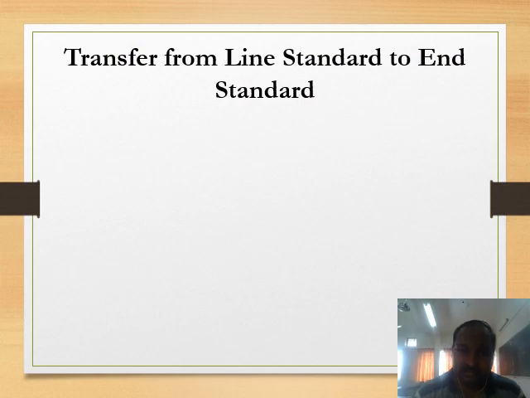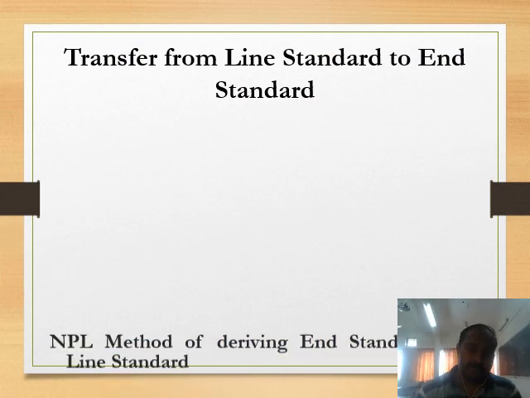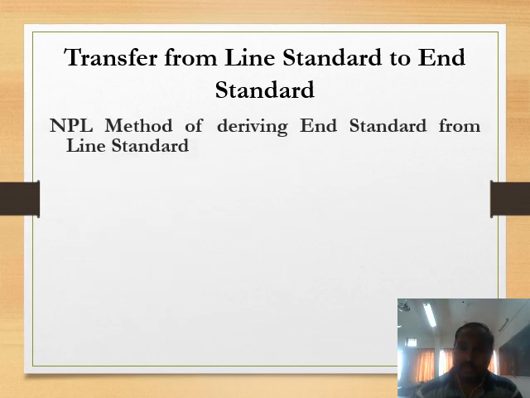Transferring from the line standard to the end standard is very important. If I am taking a meter bar or a yard bar, those are all line standards, where we are measuring the distance between two engraved lines.